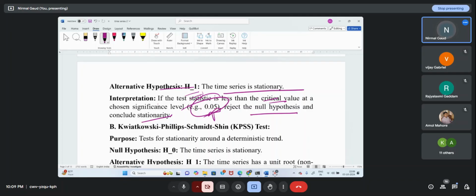Unless and until your time series is stationary, please do not apply any model to predict. Because when it is not stationary, how can you make predictions from it? If it is not stationary, how can you make a model to predict?